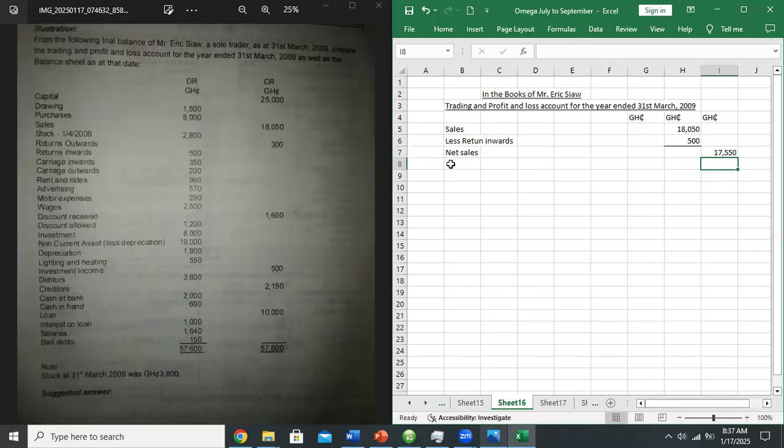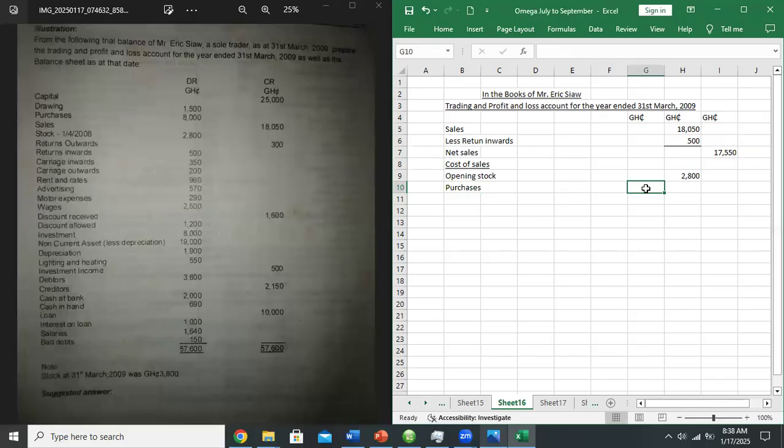Then we now go to find the cost of sales, which begins with the opening stock. So the opening stock, as you see here, is 2,800. You add your purchases, but again, the purchases comes with some adjustments. Add carriage inwards, less return outwards.